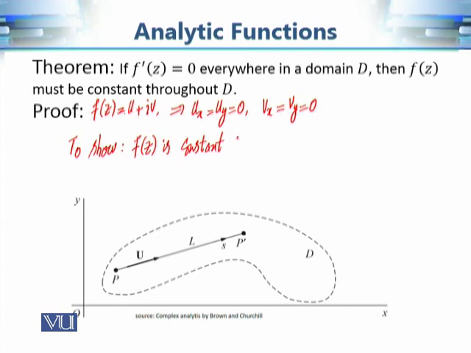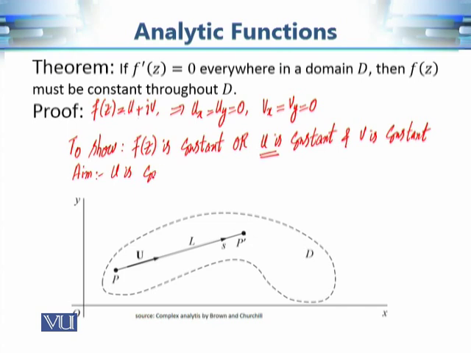So in other words, u is constant and v is constant. We will focus on the component u, and the strategy for showing that v is constant is the same. So in our next second step, the aim is to show that u is constant, and of course, when we say that u is constant, it means in the domain D.